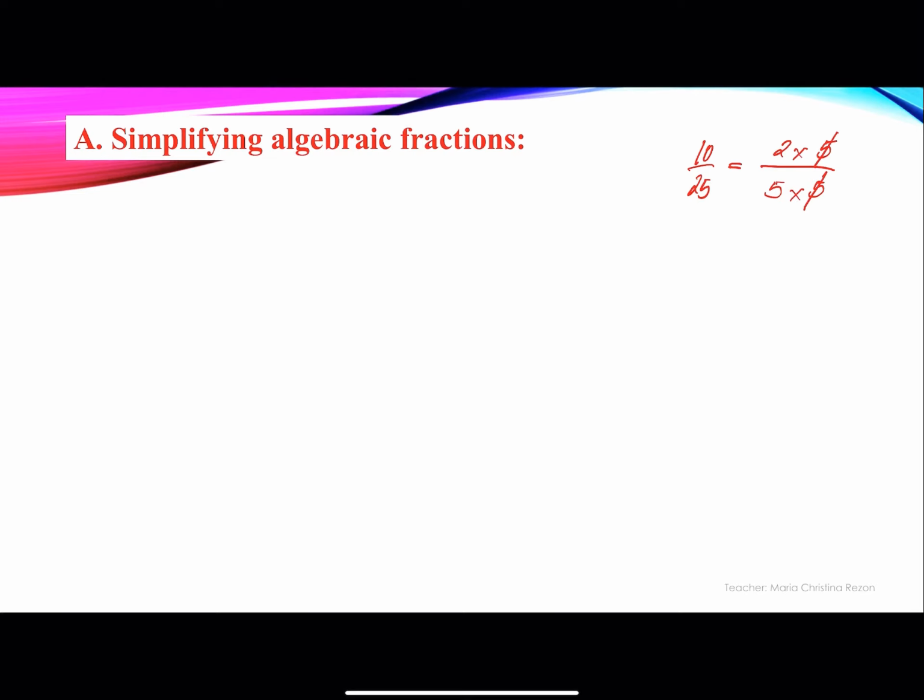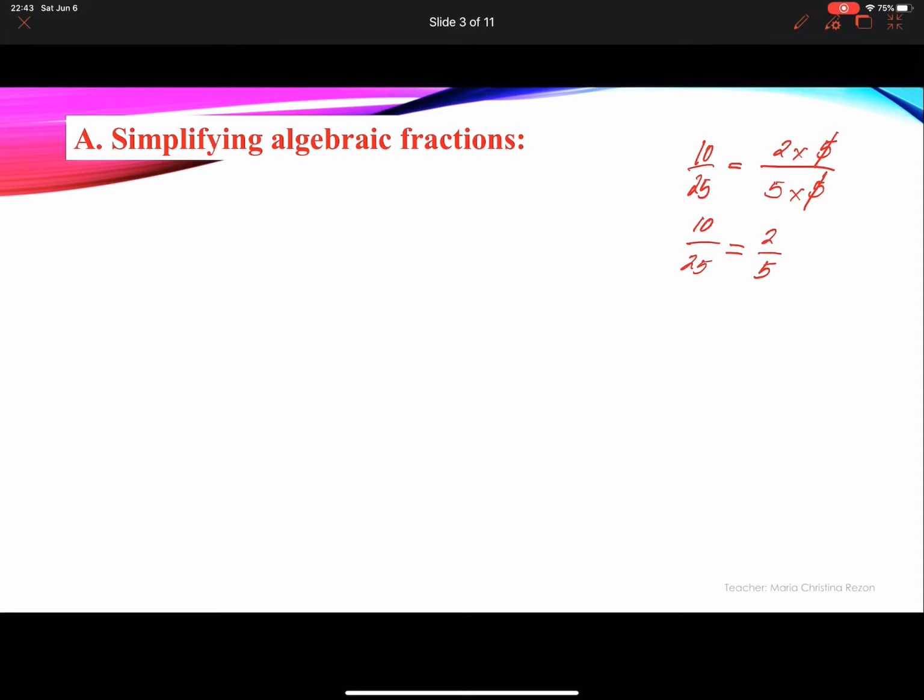So you can cancel that out, and what is left is 2 over 5. In other words, 10 over 25 is just equal to 2 over 5. And so, how you did that, we will try to apply in simplifying algebraic fractions, okay?